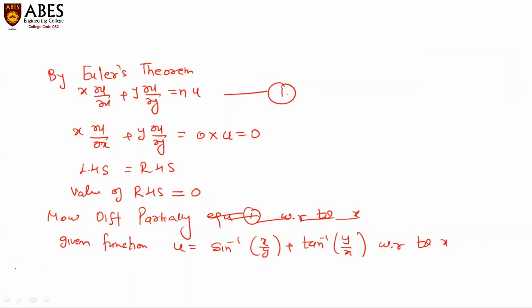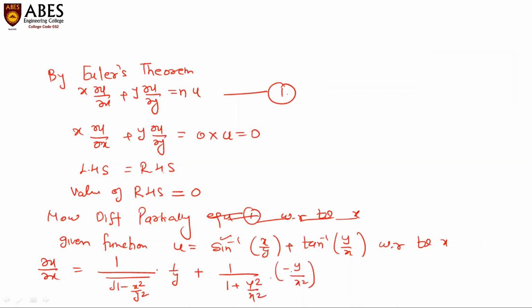So what we'll get? Del u del x. Del u del x means the partial differentiation of u with respect to x, treating y as constant. So differentiate u with respect to x, then 1 upon under root 1 minus x square upon y square into 1 upon y plus 1 upon 1 plus y square by x square into minus y upon x square.